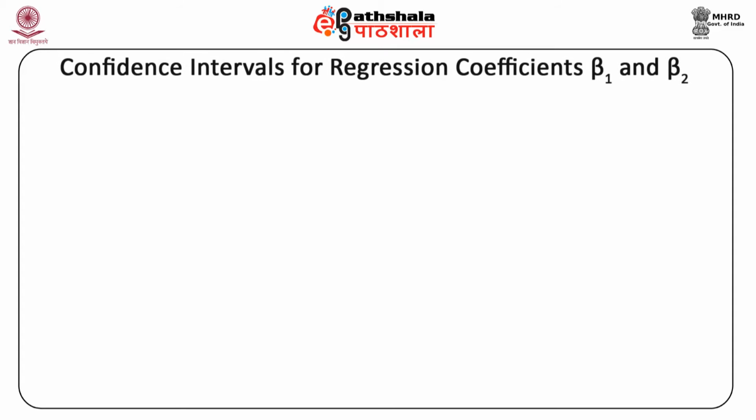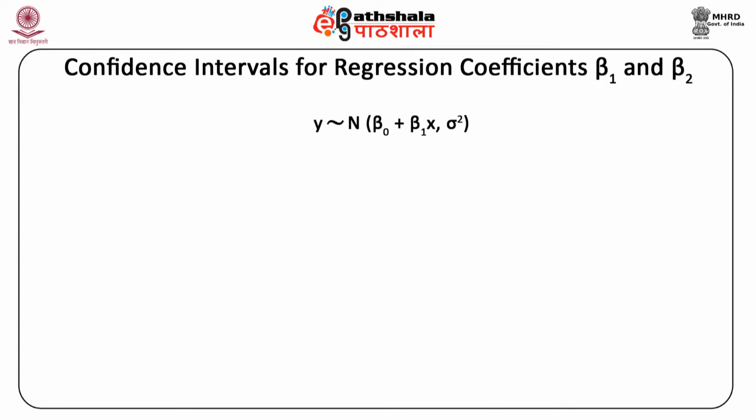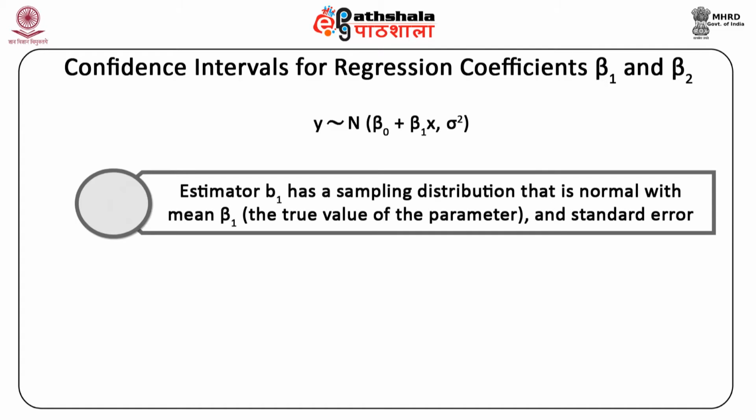Under the assumptions stated previously, namely that y is distributed normally with mean beta 0 plus beta 1 x and variance sigma square, our estimator b1 has a sampling distribution that is normal with mean beta 1, which is nothing but the true value of the parameter, and standard error defined as sigma divided by the square root of the sum of xi minus x bar squared, where the summation is over 1 to n.